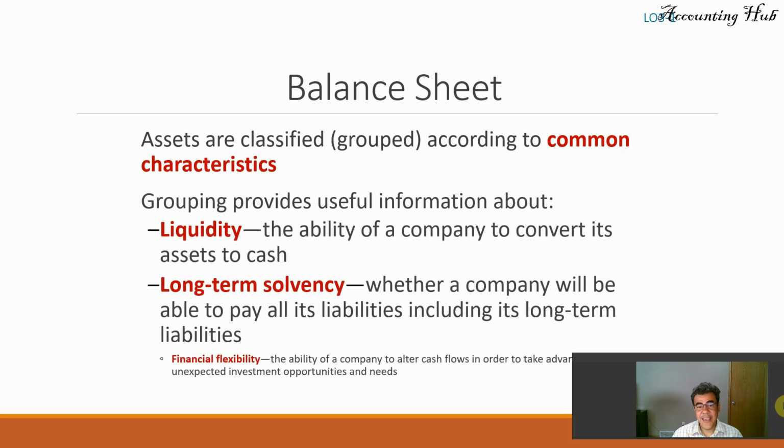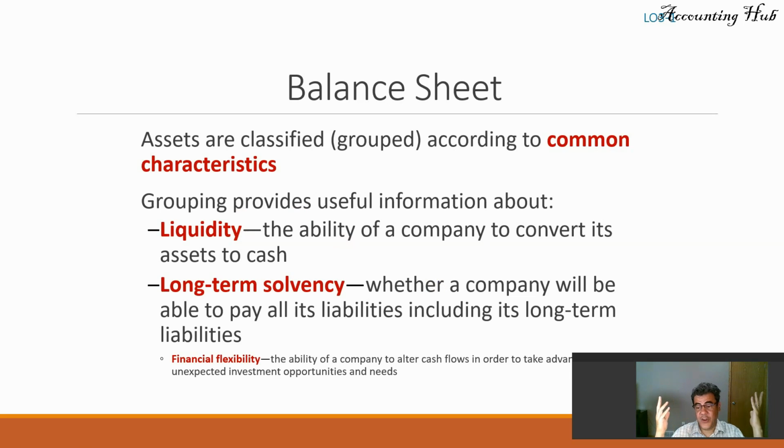Okay? And here, what do we have? How do we group the accounts? Based on liquidity, based on the ability of a company to convert its assets to cash. The most liquid ones go up, the last goes down.